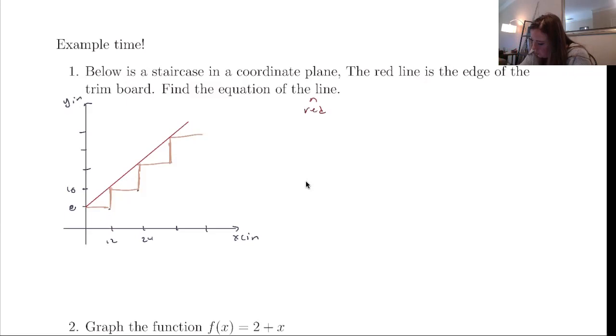All right, so f of x equals mx plus b. I need m and I need b. Which one is really easy to see just by looking at the graph? B, right? Abby, what's B going to be?